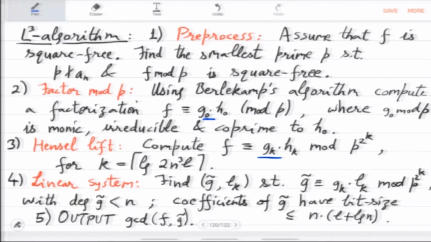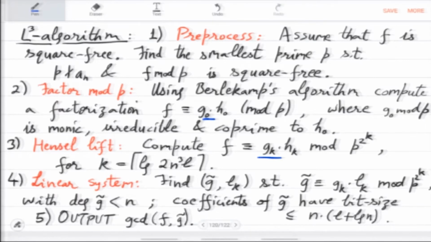So at this point you can apply the Hensel lifting lemma constructively and you can lift this factorization mod p to mod p raised to 2 raised to k. So it is applied k times. K is sufficiently large, so we will see why this parameter is important, but it will be around log of n cube L. Okay.